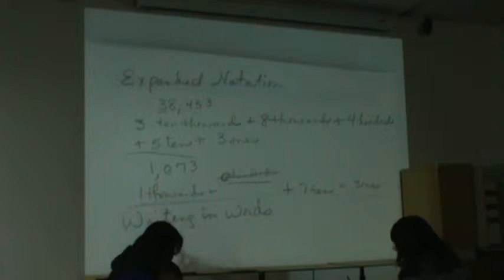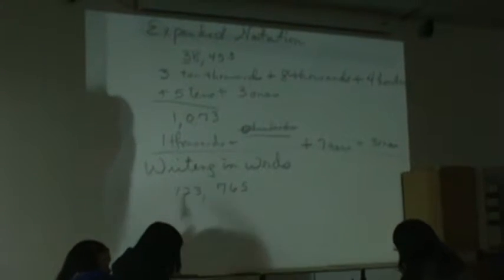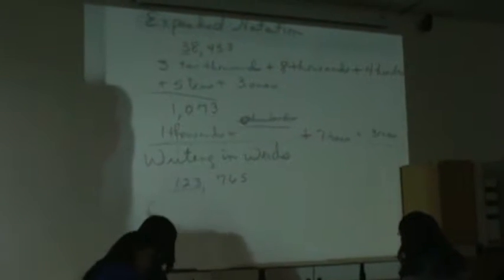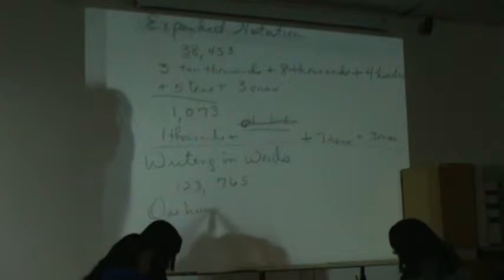Okay, writing a number in words. Let's say you have the number 123,765. To write that in words, write this as if it was in words over here. 123, all words. 123, what do we need there?